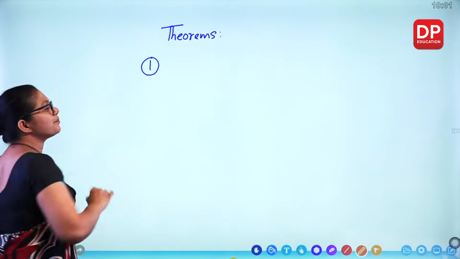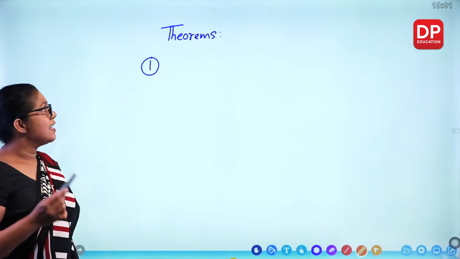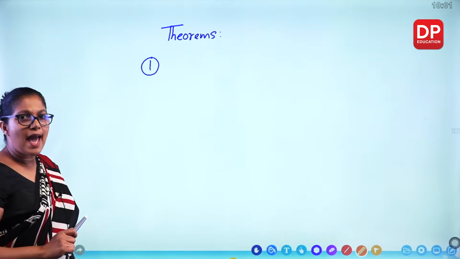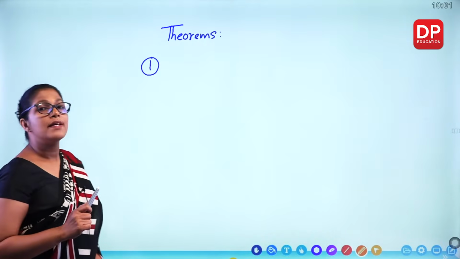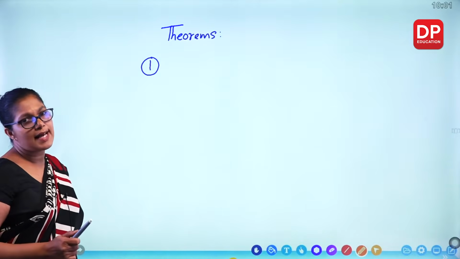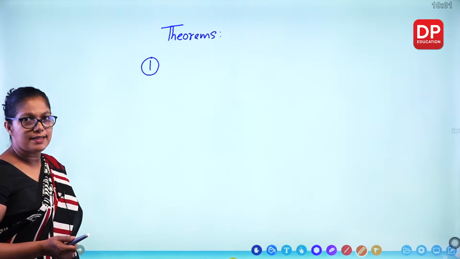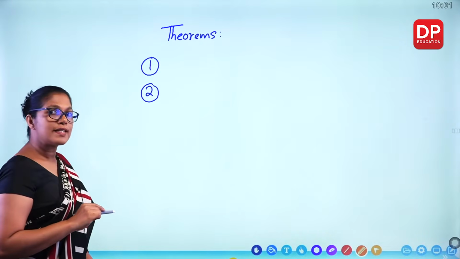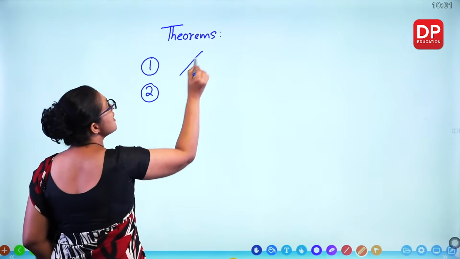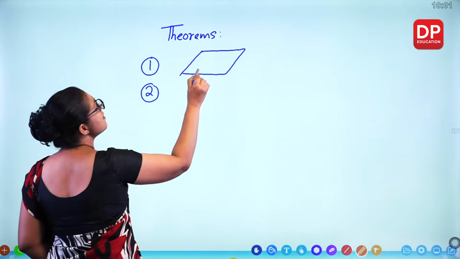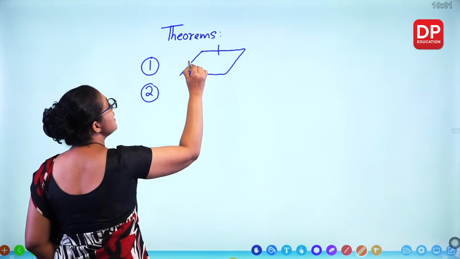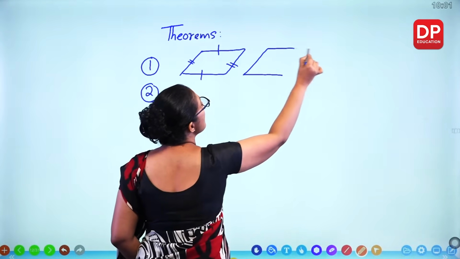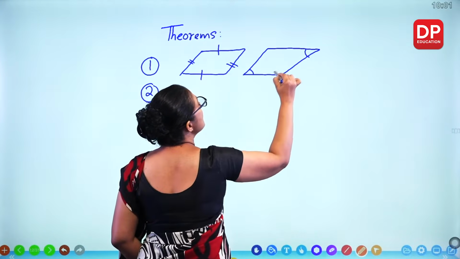First theorem, what does it say? In a parallelogram, opposite sides are equal, opposite angles are equal, and the area of the parallelogram is bisected by the diagonal. First I'll sketch the diagram. Opposite sides are equal and opposite angles are equal.